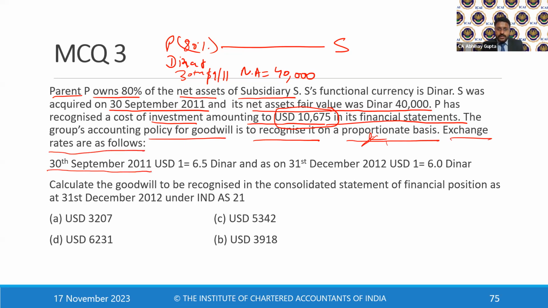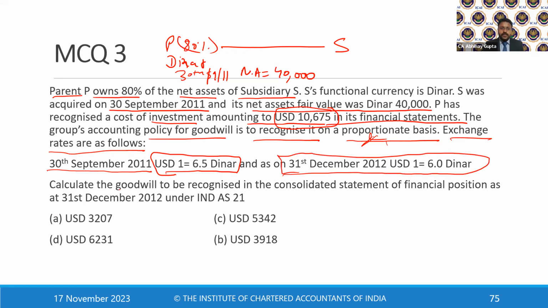On 30th September 2011, USD 1 is equal to 6.5 dinar. And as on 31st December 2012, USD 1 is equal to 6 dinar. Calculate the goodwill to be recognized in the consolidated statement of financial position as on 31st December 2012 under Ind AS 21.